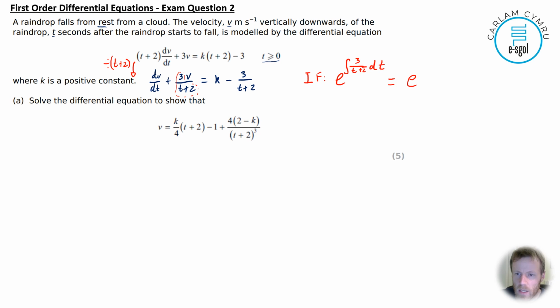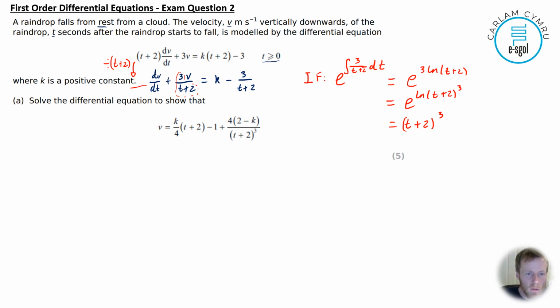We get e to the power of 3 natural log of t plus 2, and that gives us e to the natural log of t plus 2 cubed. And the e to the power of natural log breaks itself up, so we get t plus 2 cubed. That's our integrating factor.